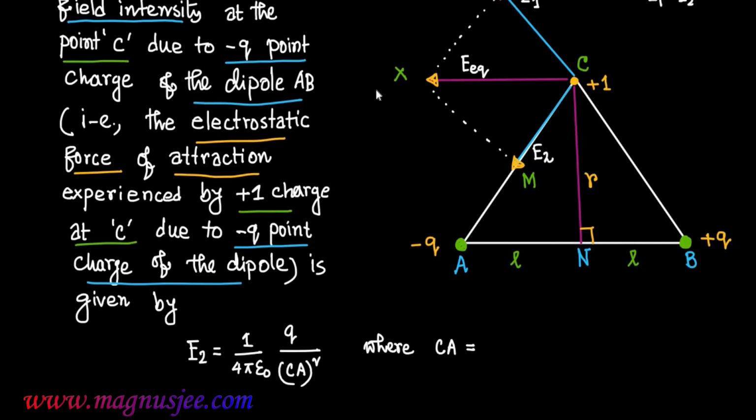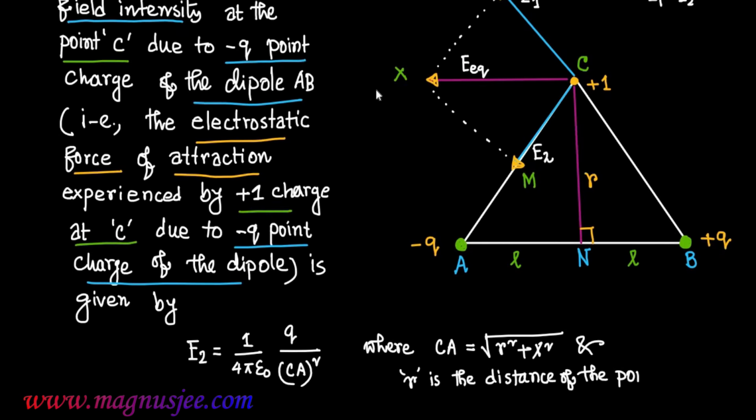Here we did not use the sign of the charge, because the sign of the charge is not used in the expression of electric field intensity or force, where CA equals root over r square plus L square, and r is the distance of the point C from the midpoint N of the dipole AB.